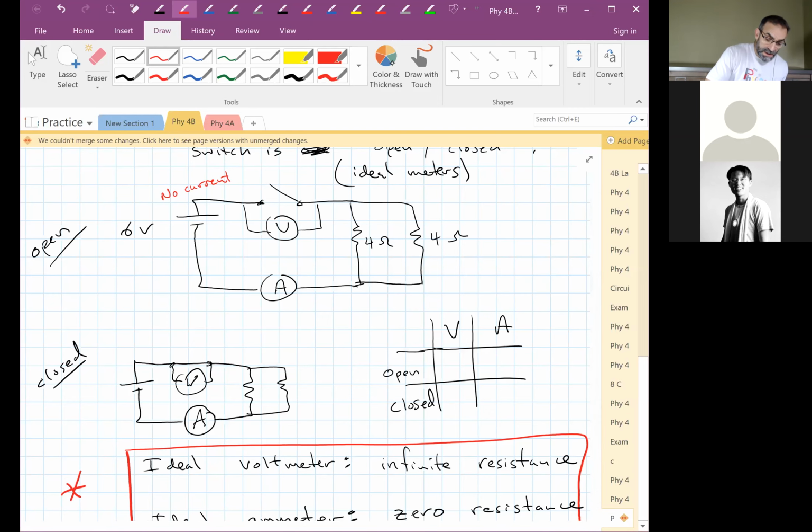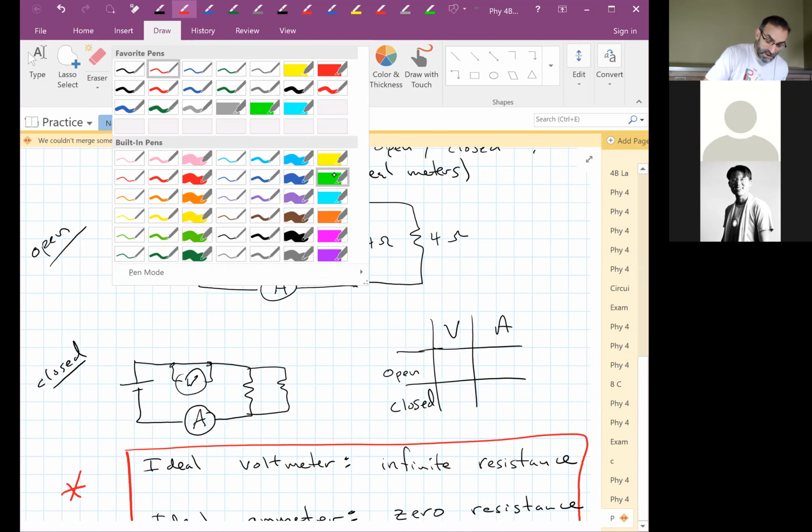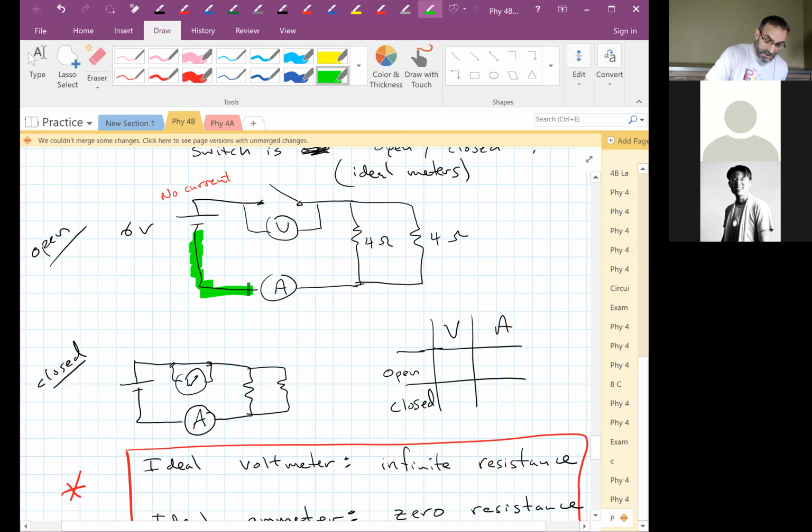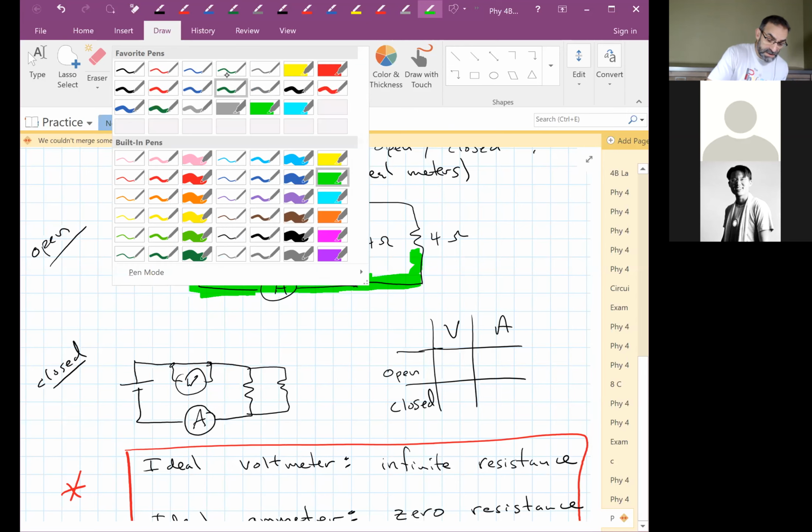We can start using our colored pens if we want. Let's call this 0 volts. What's the voltage drop across an ideal ammeter? Nothing, because there's no resistance. How about a resistor? What's the voltage drop across a resistor?